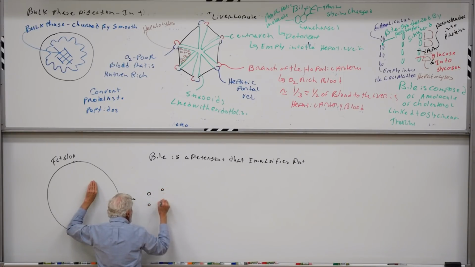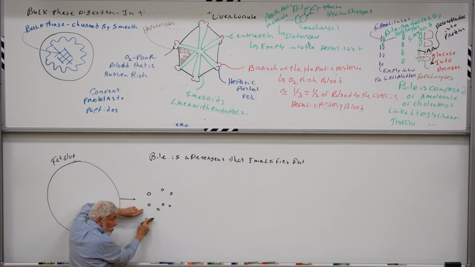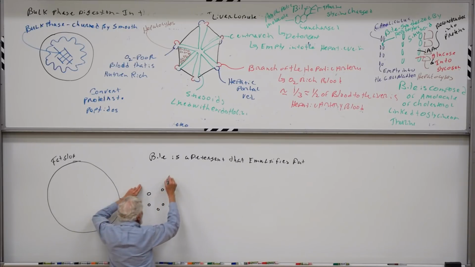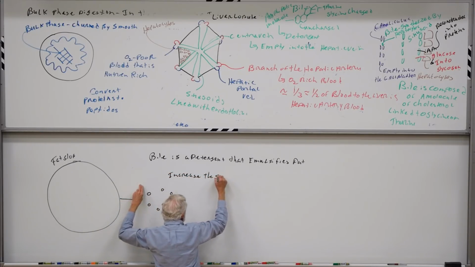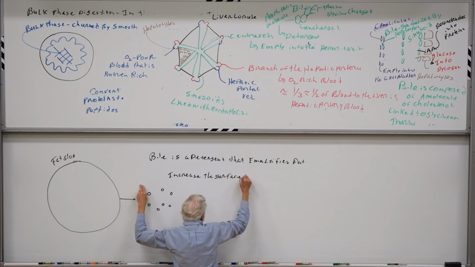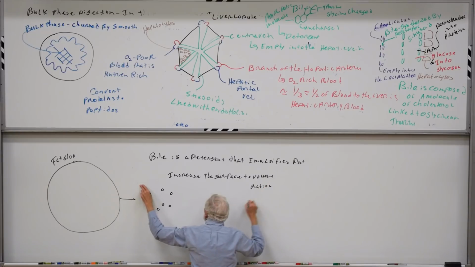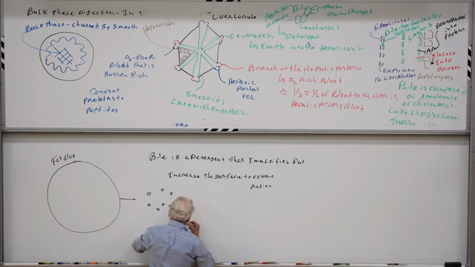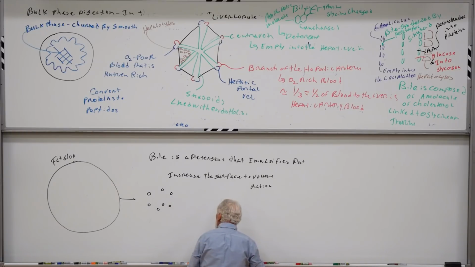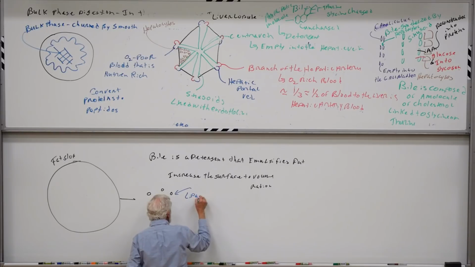You can imagine taking a beach ball and converting it into these tiny BBs. So now we increase the surface area to volume ratio. That's the role of bile. It increases the surface area to volume ratio so that we can now attack these with lipase.